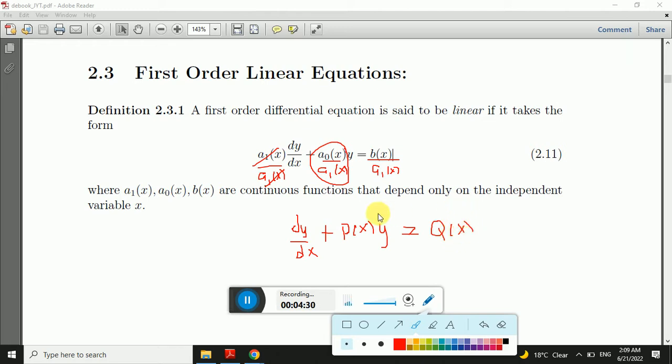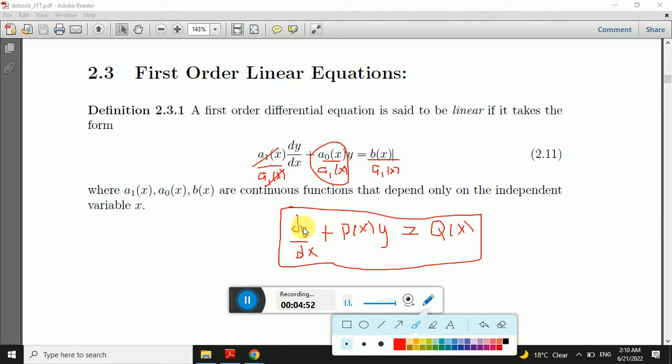So take note of this differential equation now, because it is the one which is going to lead us to the method that we use for solving such first order linear differential equations.